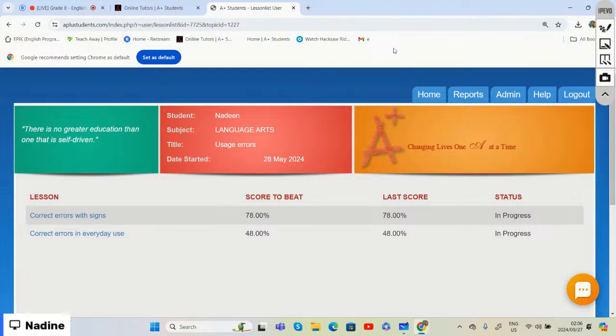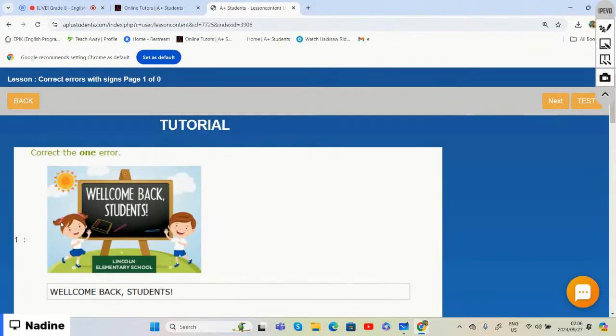All right. So now we're going to correct signs with errors, right? Or errors with signs.